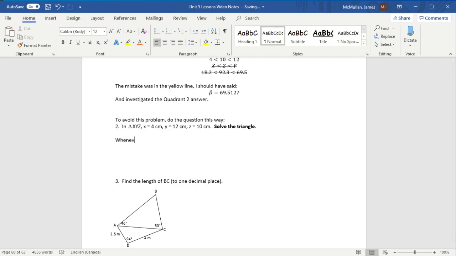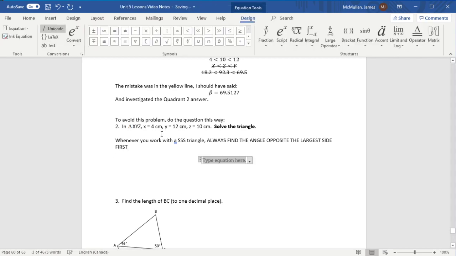Whenever you work with a side-side-side triangle, always find the angle opposite the largest side first. You will never ever have any problems solving these triangles if you remember to do this.